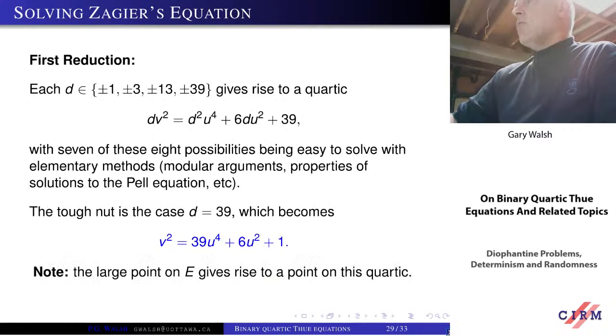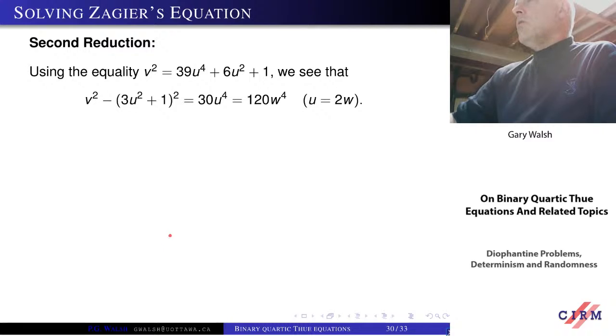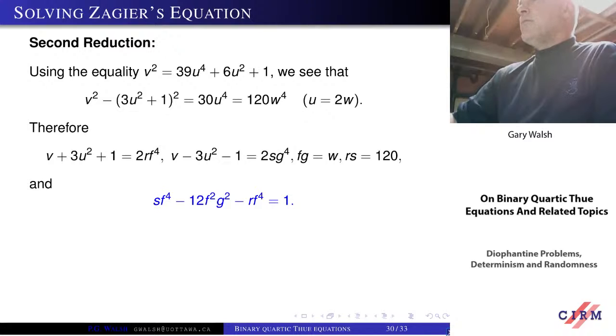In the case of that quartic equation, the way we proceed from there is we have v squared equal to this. So we subtract the 3u squared, we eliminate it, and we get 30u to the fourth. And a few reduction steps from there, or just some manipulations, gives you many quartic equations of this form where r and s are coefficients satisfying that their product is about 120.